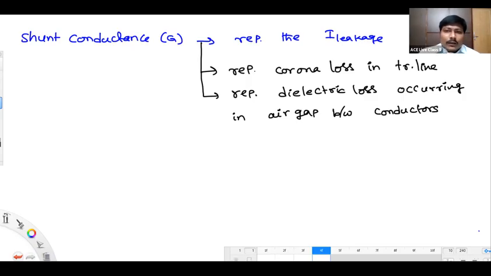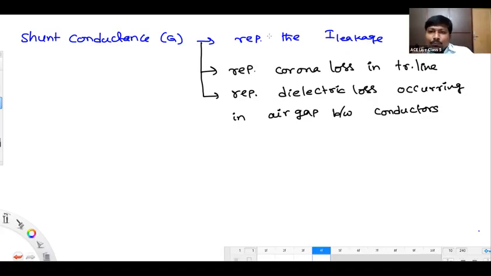But one more thing here. The shunt conductance G we are discussing now is highly dependent on atmospheric conditions. Because the leakage current on the surface of the insulator definitely depends upon conditions like whether it is a hot season, cold season, winter season, or rainy season.